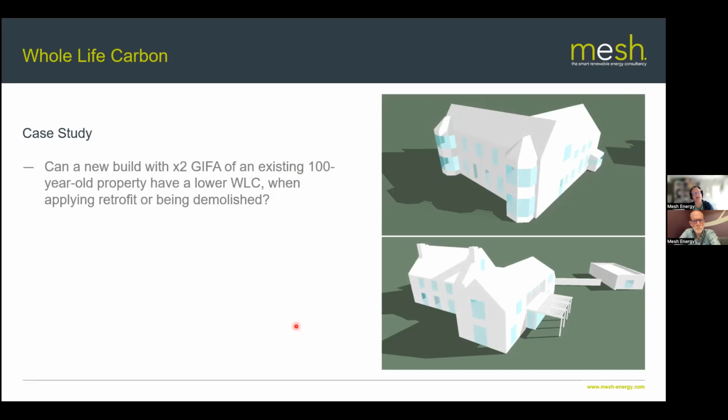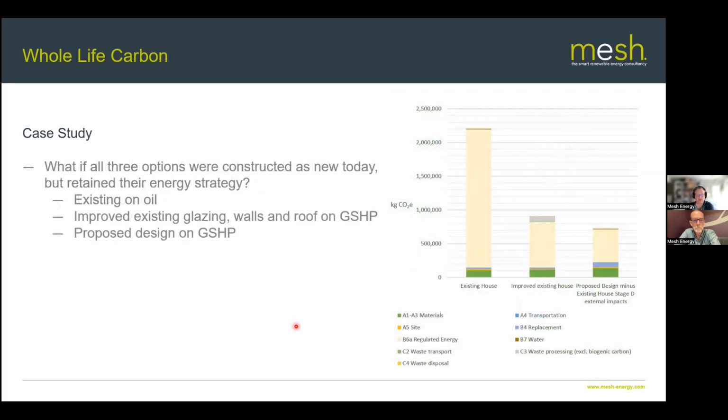And the design team were anticipating, when the planning application goes in, questions similar in nature to the calculator we just looked at, about reducing whole life carbon and whether retrofit is actually better. So we started off by looking at this project and saying, well, what if all three options were constructed as new today, but retained their existing energy strategy?